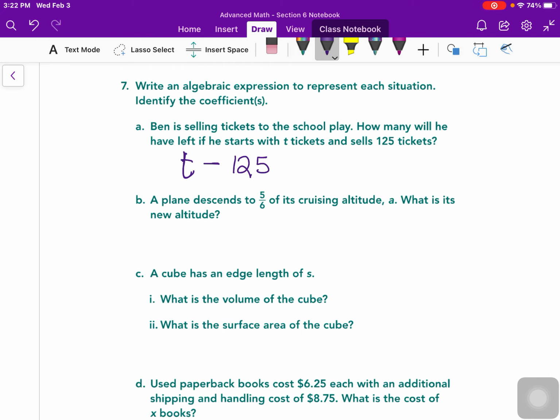And then it also tells us to identify the coefficient. So the coefficient in this case, I'm having the disappearing ink problem, the coefficient would be 1. Okay.